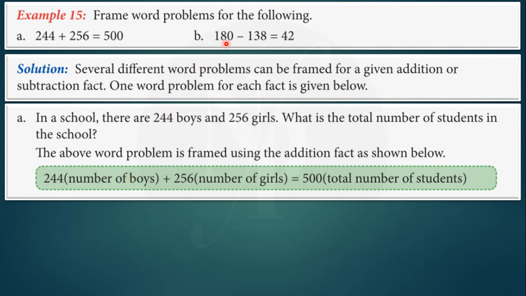Now looking at B, we have a subtraction fact here. So we can frame a word problem for such a subtraction fact also. Here we have 180 minus 138 is equal to 42. Let us see what word problem can be framed for such a subtraction fact.